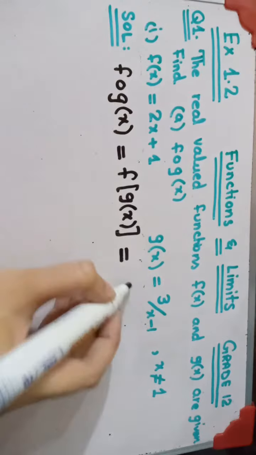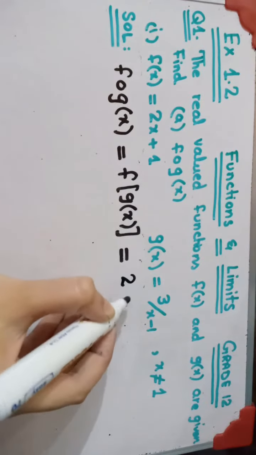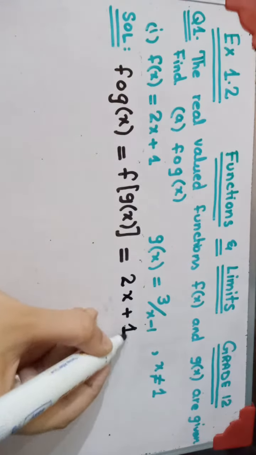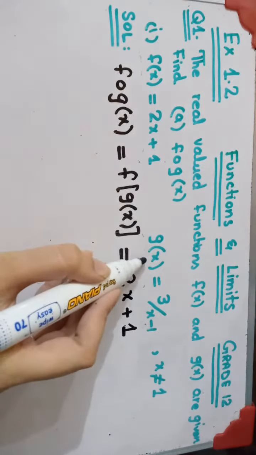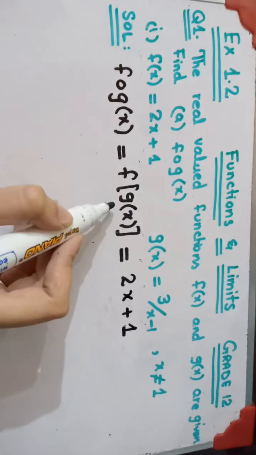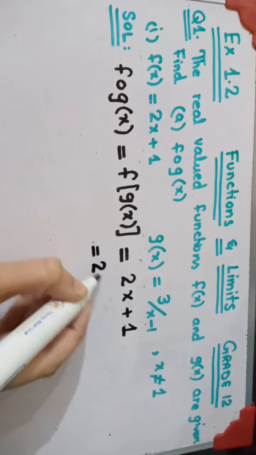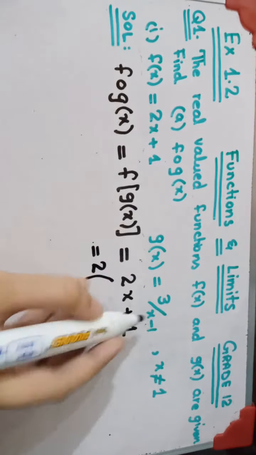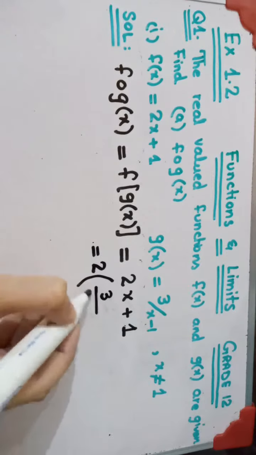For example, we have 2x plus 1, but we have to put the value of g of x in f, so it will become f of gx. The value of gx is 3 divided by x minus 1.